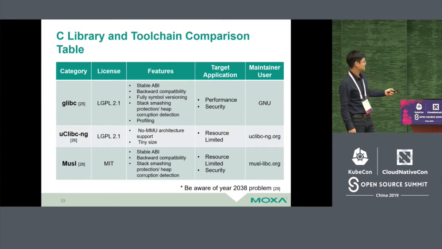For example, glibc supports a stable ABI, backwards compatibility, and simple versioning, and some security features. And uClibc-ng mainly supports no-MMU architectures and has a tiny size. So if your application has limited resources, you can consider using uClibc-ng. And musl is also suitable for resource-limited and security applications.